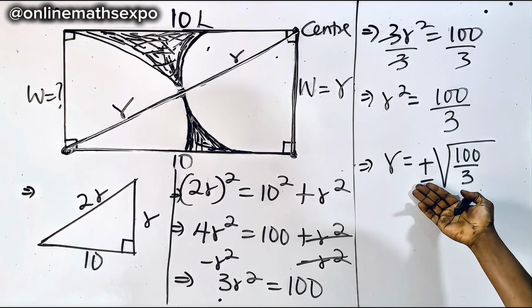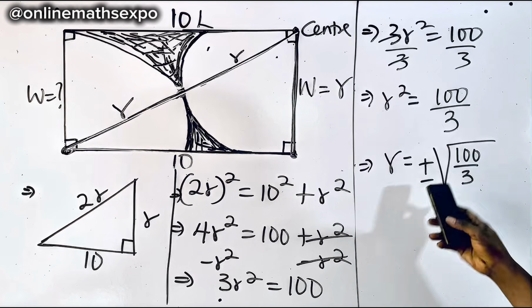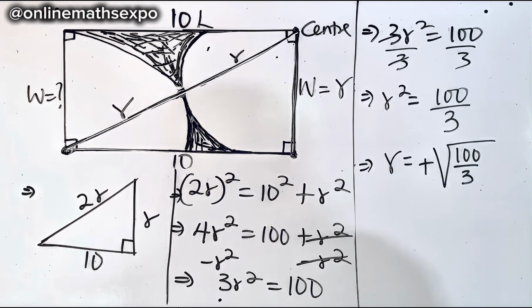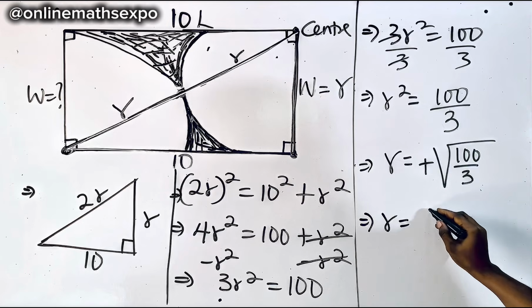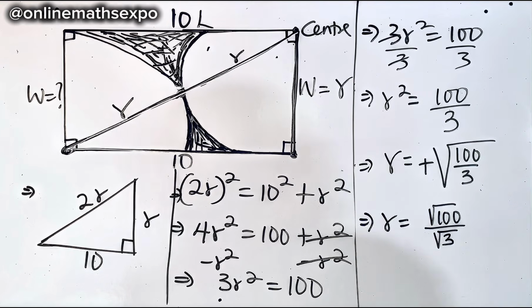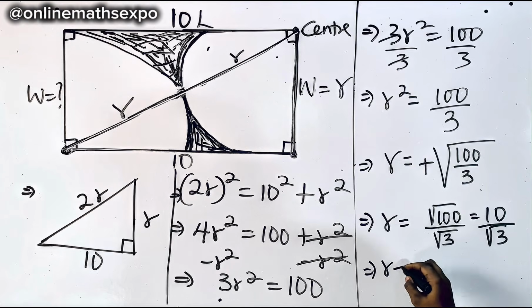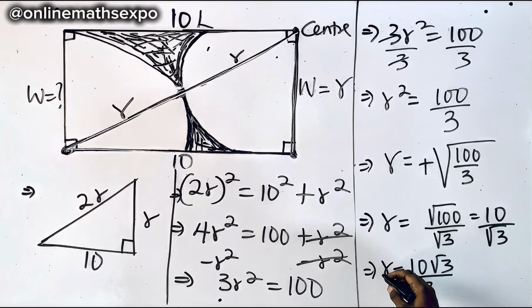But in this case, you are working with the radius, which cannot be negative. So we are going to only take the positive square root. So R is the same thing as the square root of 100 divided by the square root of 3. You know that this will give us 10 divided by root 3. To rationalize, you have R is 10 root 3 divided by 3. So this gives us the radius.